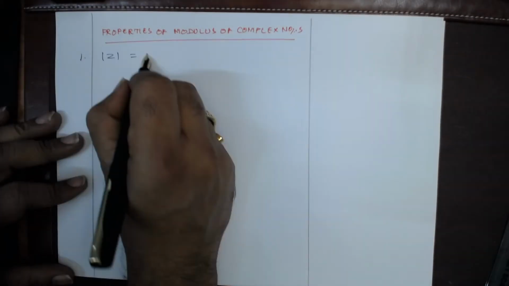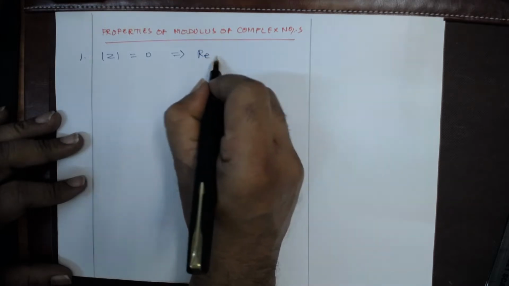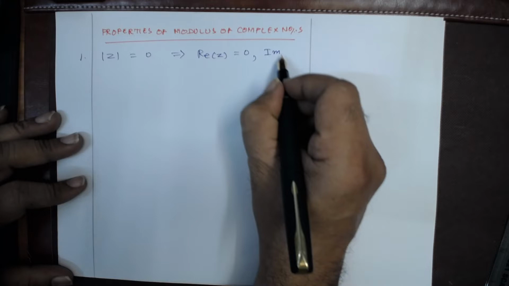Modulus of a complex number is 0, it implies the real part of the complex number is 0 and the imaginary part of the complex number is also 0.